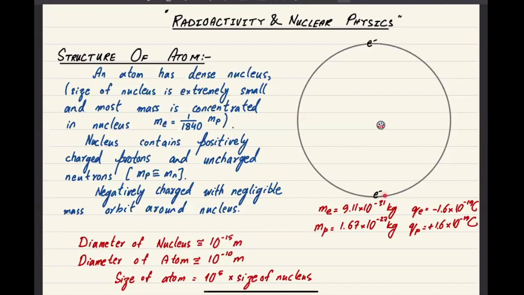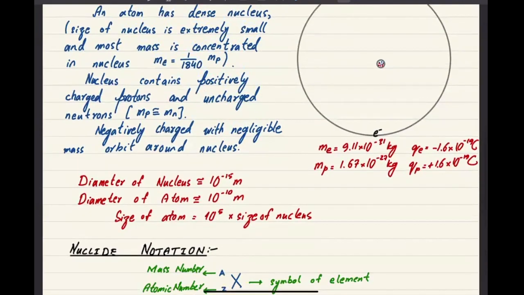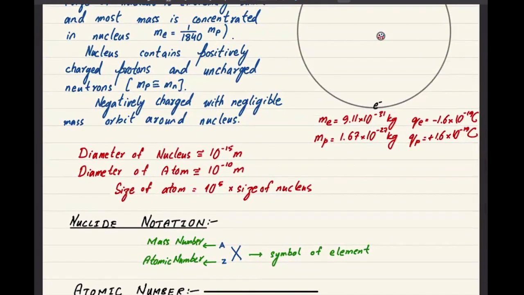If it's an ion, it may have an excess electron, which will make it a negatively charged ion, or if it has one less electron, that will make it a positively charged ion. These numbers you have to remember over here, though this is not exactly a value, because different nuclei will have different sizes.